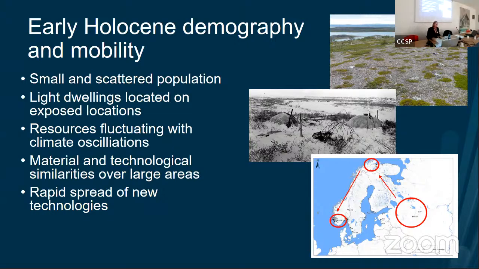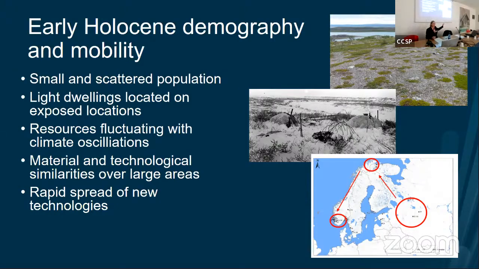So very light dwellings. We can see that the resources were fluctuating because the climate was fluctuating. Then there was some instability in resources and the amount of resources. We can see that there are material and technological similarities over very large regions. So we'll find very much the same types of artifacts and tool types all along the coast of Norway.